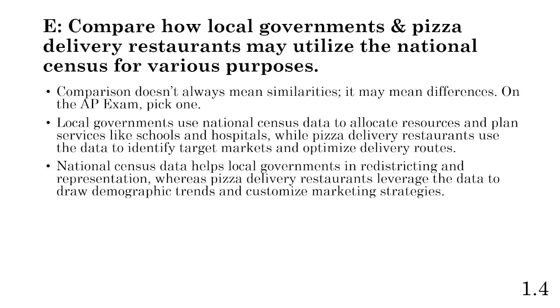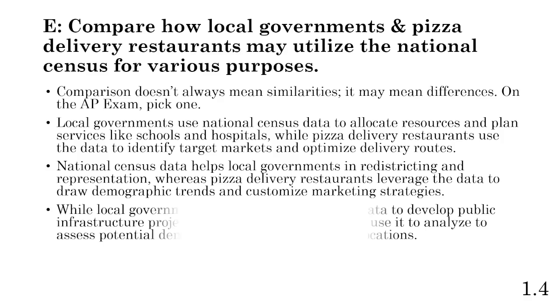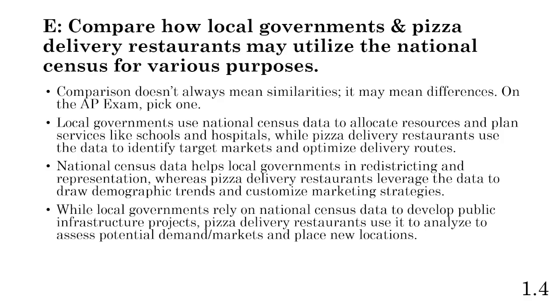So yeah. National census data helps local governments in redistricting and representation, whereas pizza delivery restaurants use the data to draw trends regarding their customers or customize marketing strategies to reach target markets. Local governments rely on the census to develop public infrastructure projects, but pizza delivery restaurants can use it to assess potential demand in markets and build or place new locations. So it's kind of similar, kind of different.